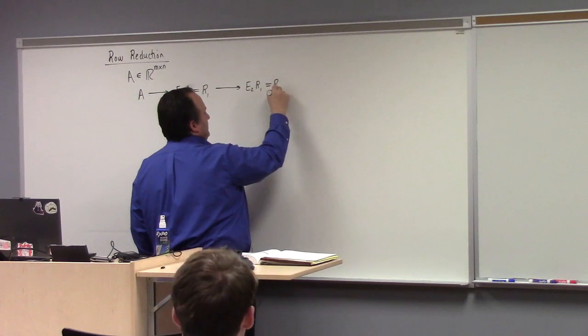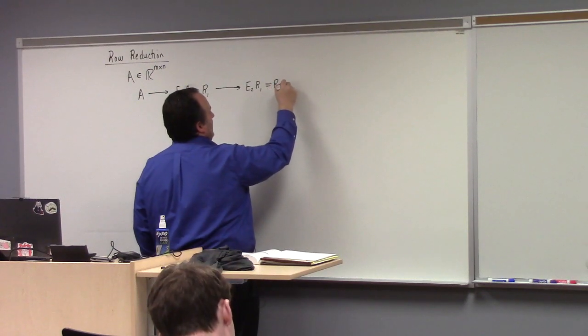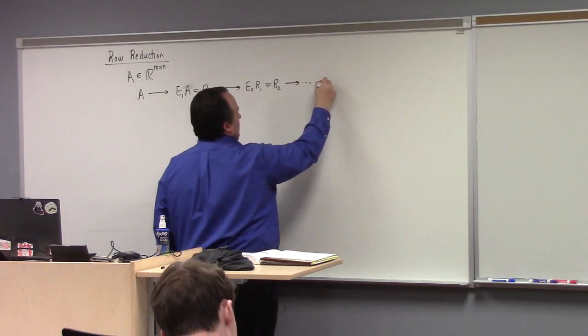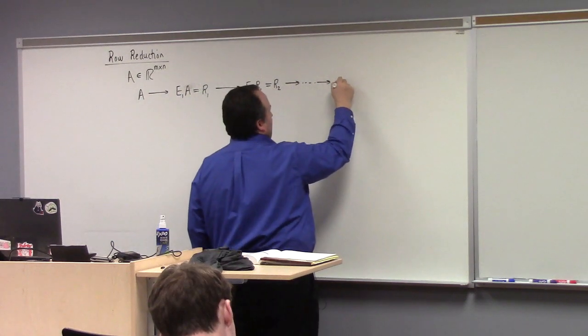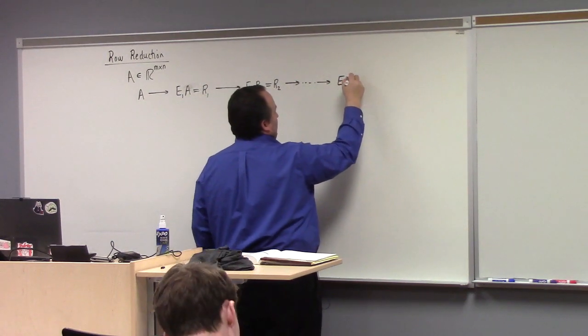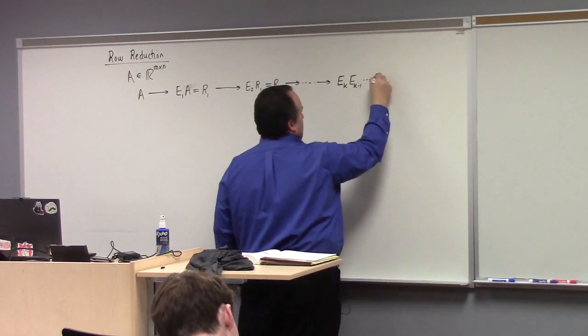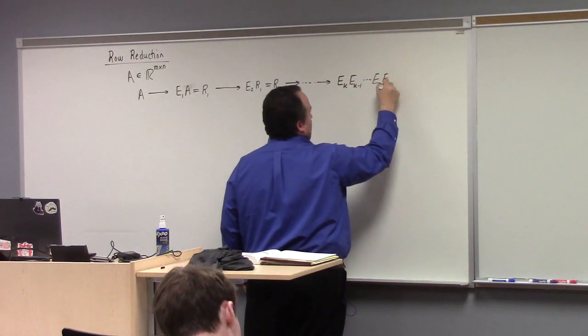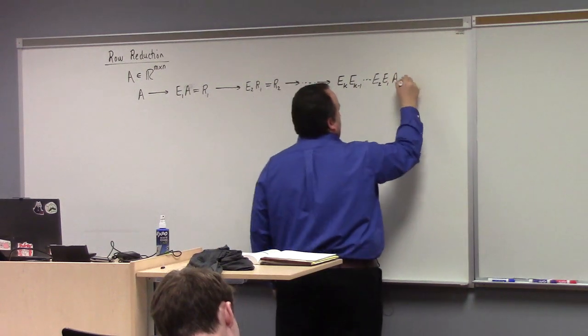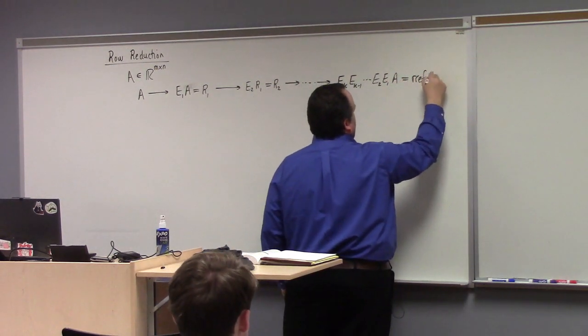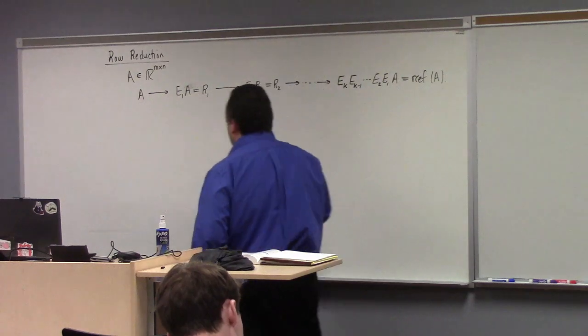And this goes on for a while. Eventually, after k row operations, so we've got E_k, dot dot dot, E2, E1 times A, we get to the reduced row echelon form of A, right?